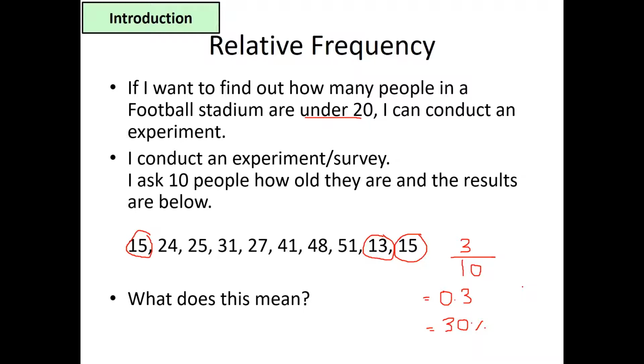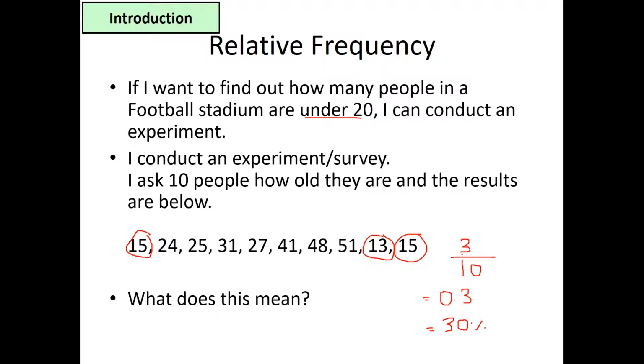What I've just worked out is the relative frequency of under 20-year-olds. The relative frequency is 0.3. If I expand that out to my whole population of 80,000 in the stadium, I can estimate that 30% of the people in the stadium are under the age of 20.